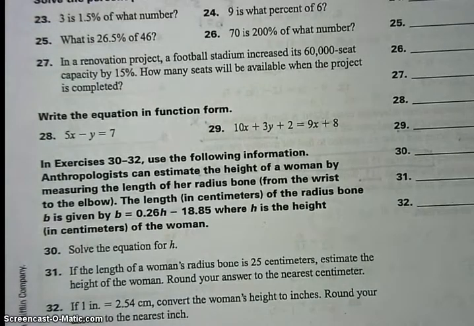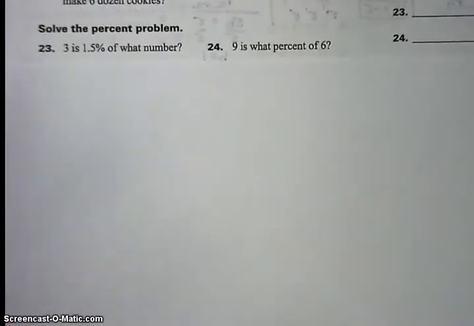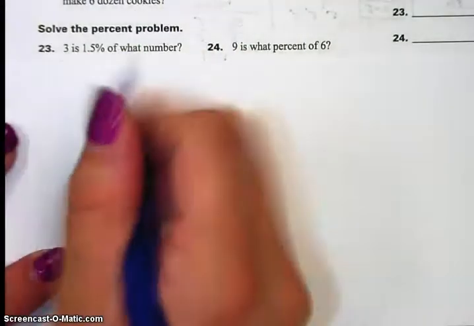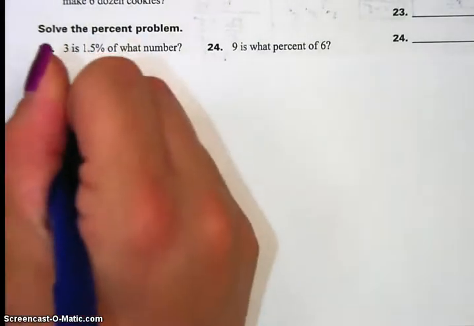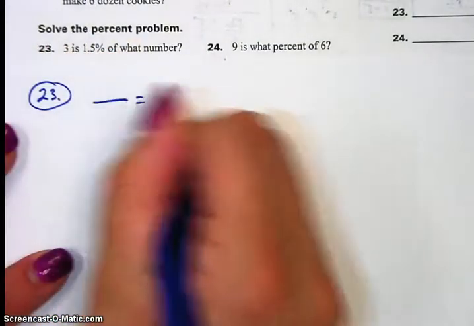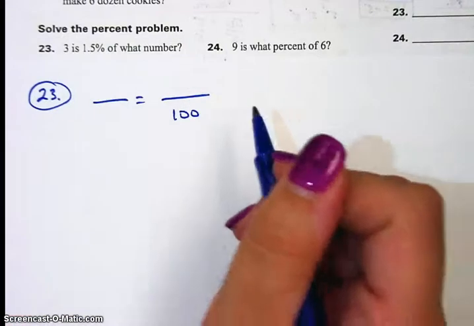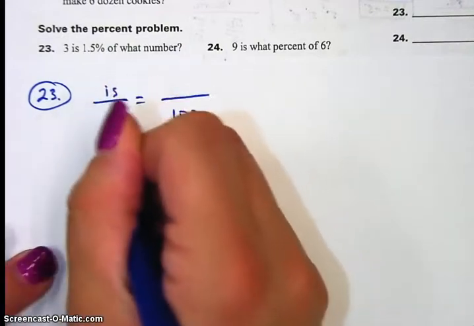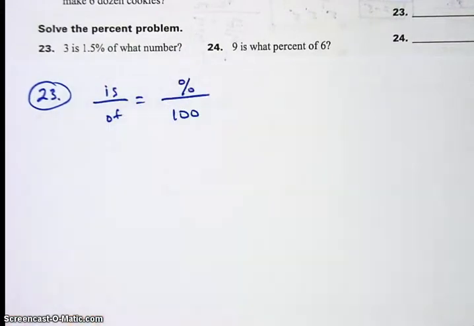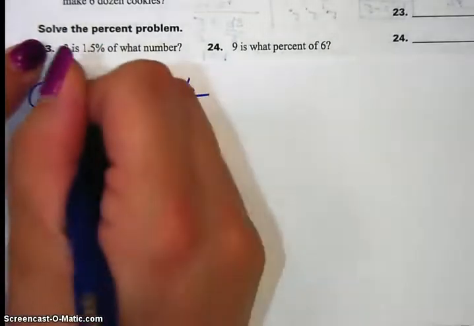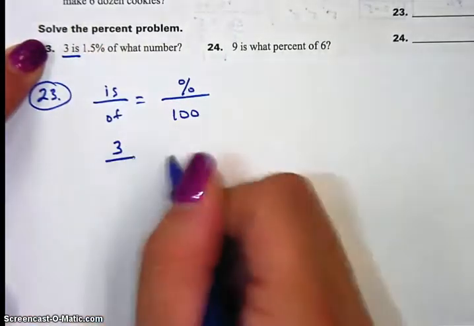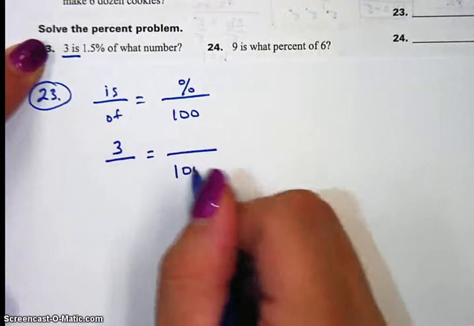Now we're at percentages. So number 23. Remember, we set up percentages using a proportion. So 3 is. All right, so this is 23. We have our setup proportion. If you remember, it's is over of equals percent over 100. So 3 is. 3 goes on top. 1.5%.